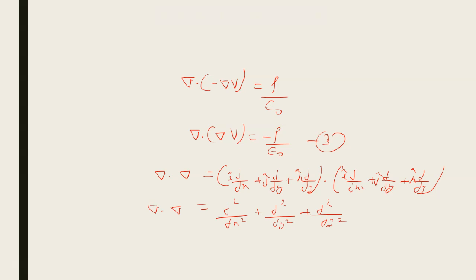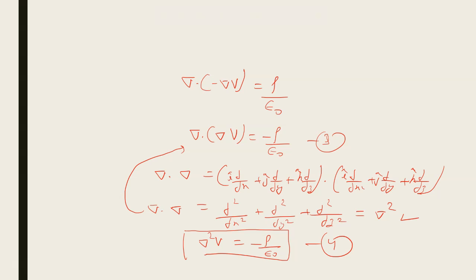This is del dot del, which is basically del square. Now put del dot del equals del square in equation number 3. So equation number 3 becomes del square V is equal to minus rho by epsilon naught. This is our equation number 4.